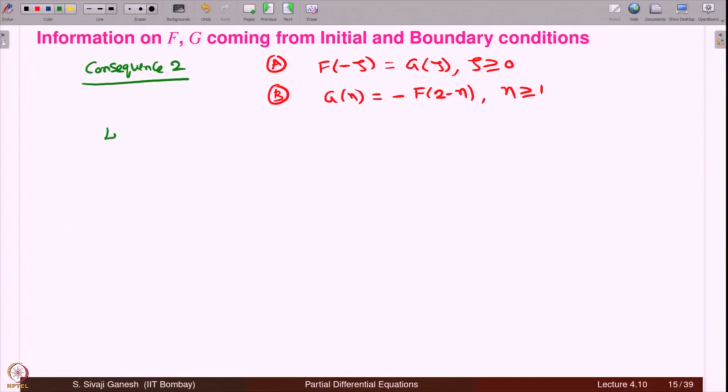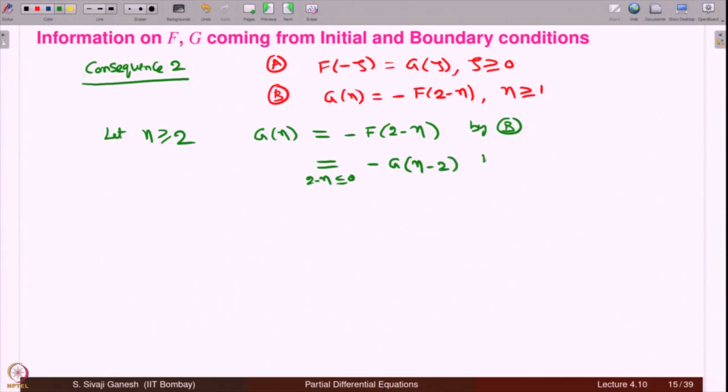Now, let eta be greater than or equal to 2, then what happens? G of eta is equal to minus f of 2 minus eta by B. Now 2 minus eta is less than or equal to 0 because eta is bigger than or equal to 2. Therefore, by A I get this equal to minus g of eta minus 2.